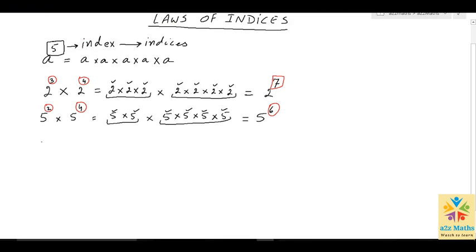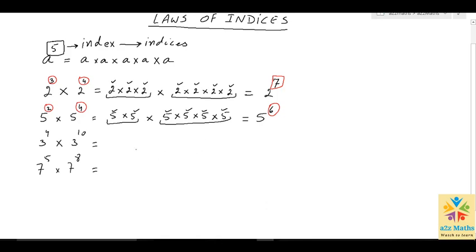The same thing is happening with the next examples I'm going to write: 3 power 4 times 3 power 10, and 7 power 5 times 7 power 8. If you understood the first two, apply the same rule here. Pause the video and write down the answers for these two.